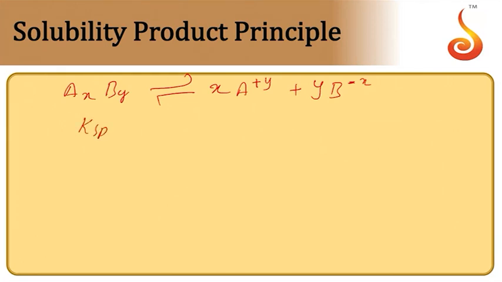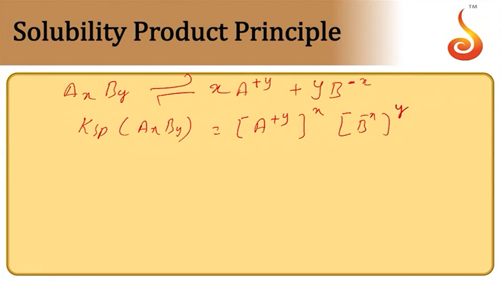Now Ksp of AxBy is given by the product of molar concentrations of the ions raised to the respective coefficients: [A^(y+)]^x [B^(x-)]^y.